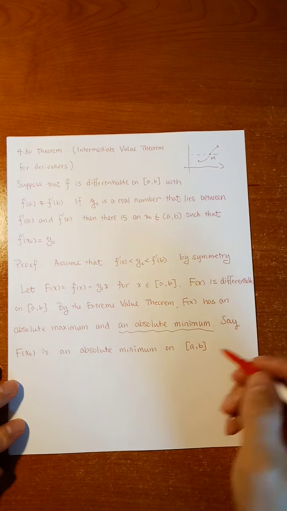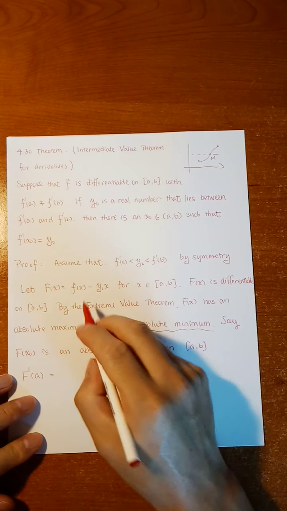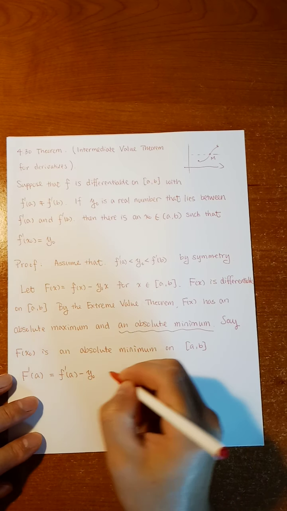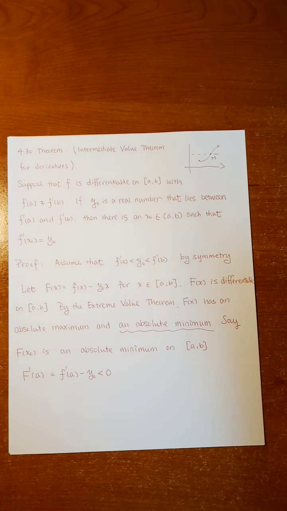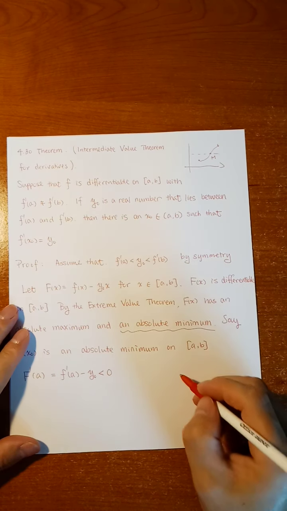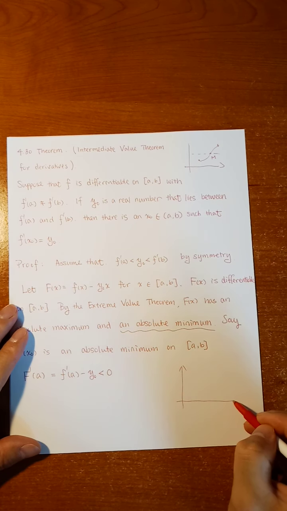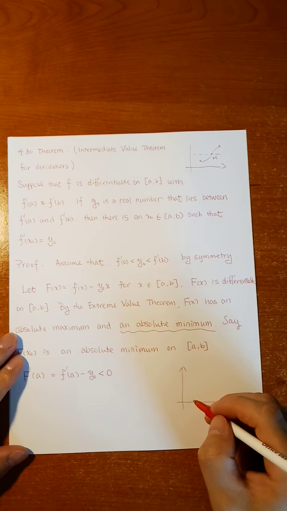Well, absolute minimum value. Let's check F prime of a. We just do the differentiation: F prime of a is f prime of a minus y0. It's negative. What's the meaning of it?